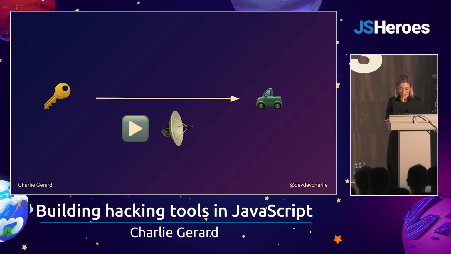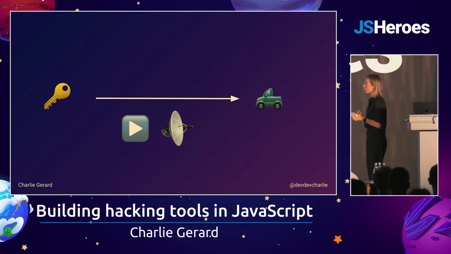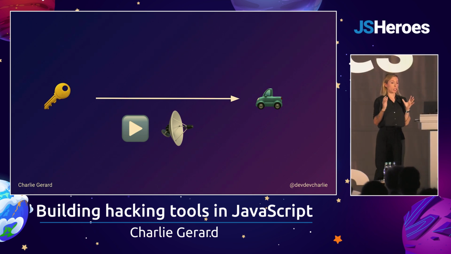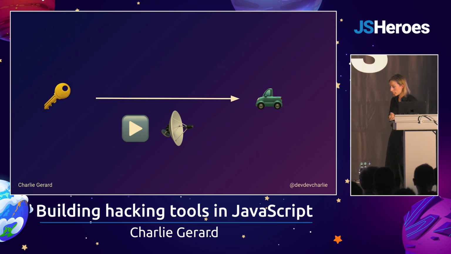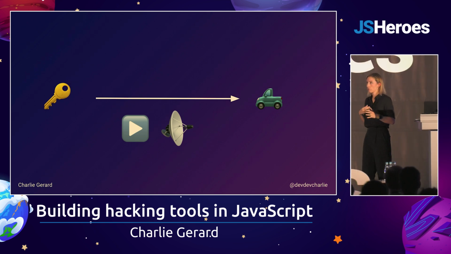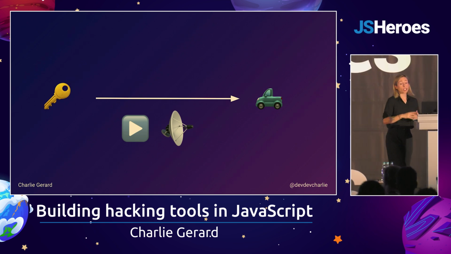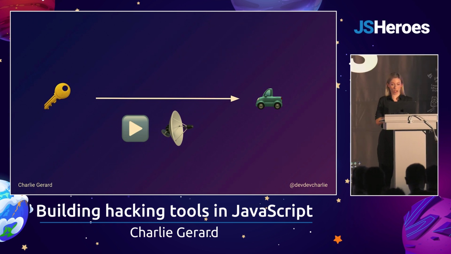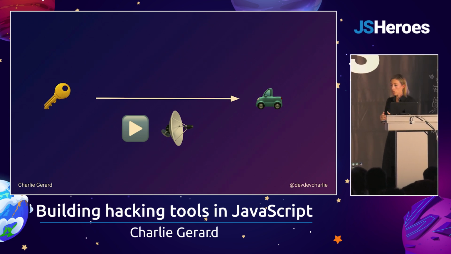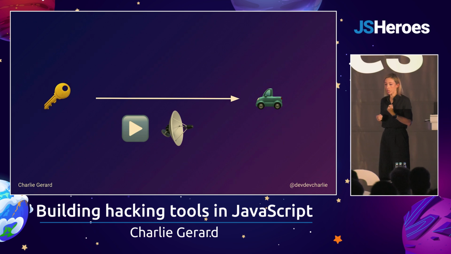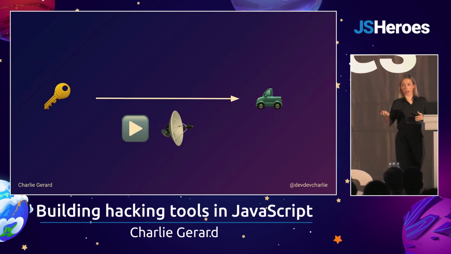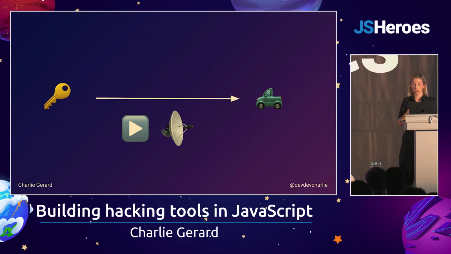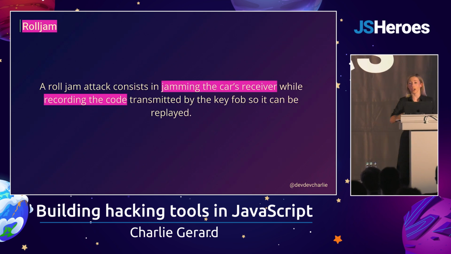But after 1995, they implemented what's called rolling codes, which means there is a specific set of codes that your car is waiting to receive from the key fob, but you can't send the same code twice. So even if I'm next to a car and someone opens their door and I capture that signal, if I replay it when they're not there, it's not going to work because the car has moved on. It's waiting for another code.